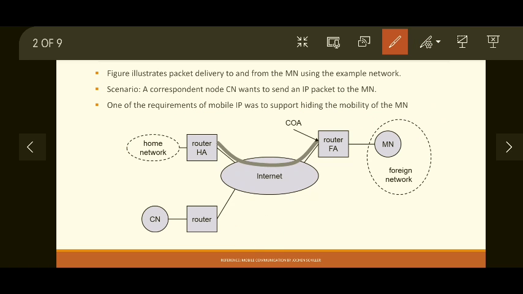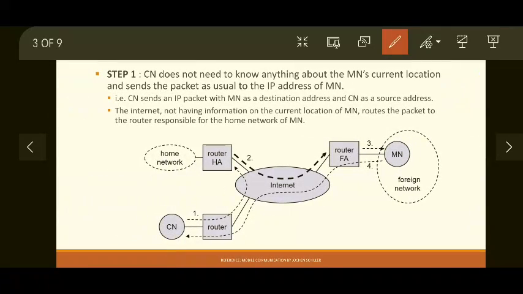So let's look at the first step. Step 1, the correspondent node does not need to know anything about the mobile node's current location. A sender does not have to worry about what is the location of the receiver. So when it sends a packet, it sends just like it sends a packet in a fixed network, that is mentioning the source address as its own. Suppose this is CN, it will send a packet.